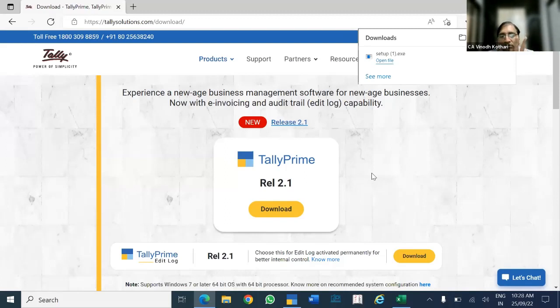Second, in the licensed version, you can pass entries on all the dates. In educational mode, you cannot pass entries on all the dates. You can pass entries only at the starting of every month, the first or second of every month, only a few dates. This is for you to learn Tally.